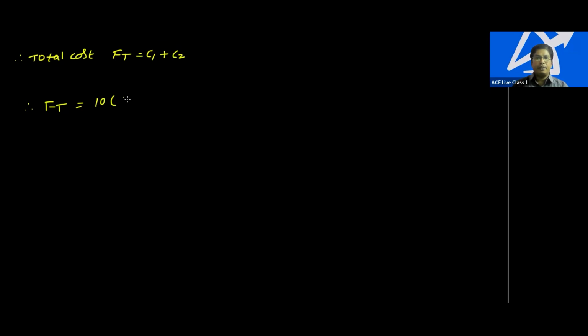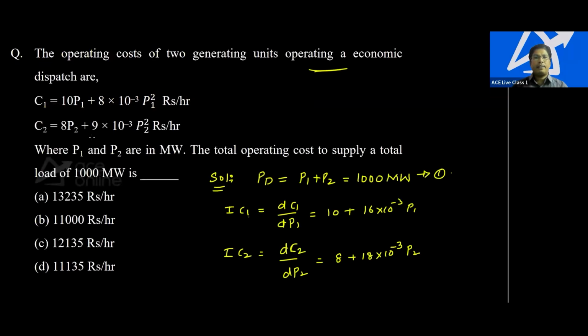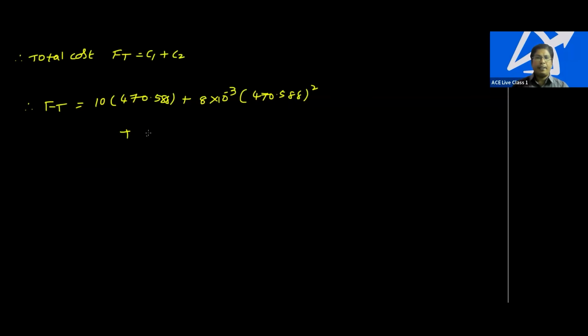It is 10 into 470.588 plus 8 × 10^-3 into 470.588 whole square, plus the second one: 8 into P2, 529.411, plus 9 × 10^-3 into 529.411 square.